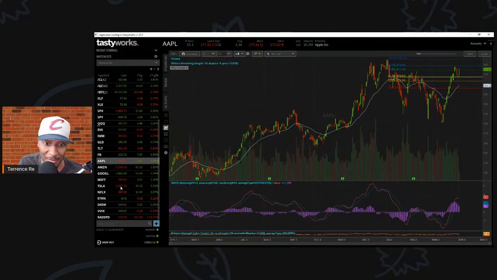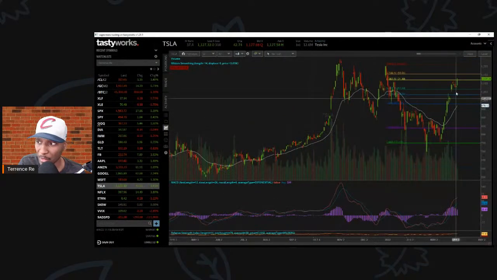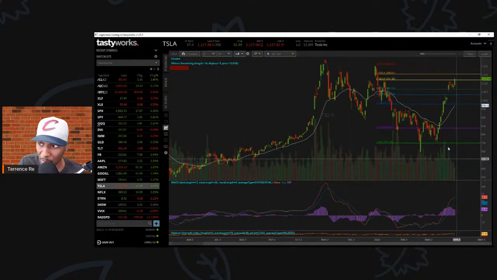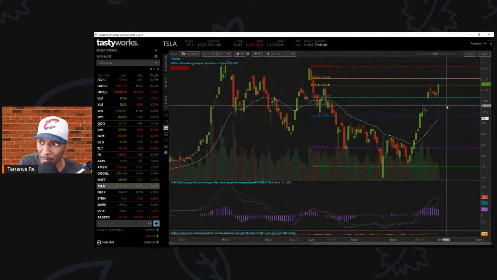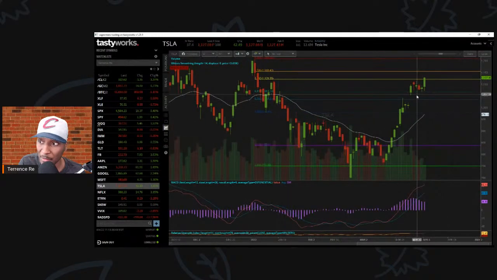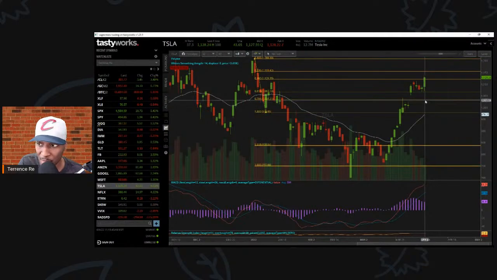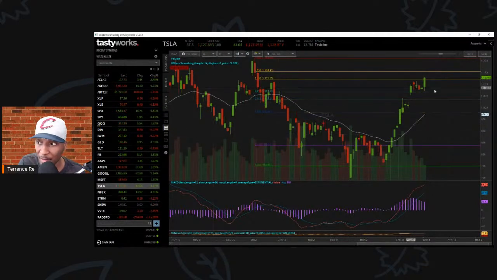Tesla got a gap though. See this gap right here, I do think that Tesla's going to come back here at some point and fill this gap. So watch for that, and then that'll either be support or resistance after it comes back. So even if Tesla makes this high, it will come back and see this gap.